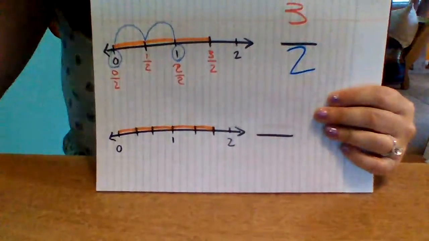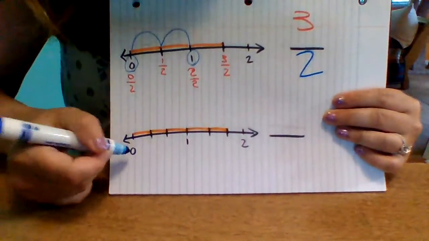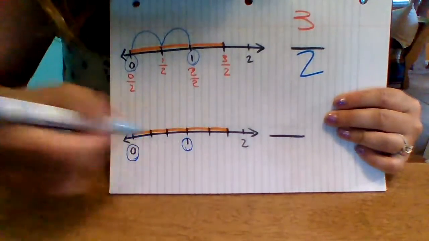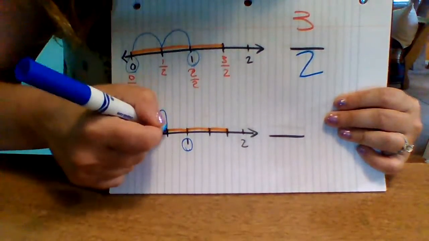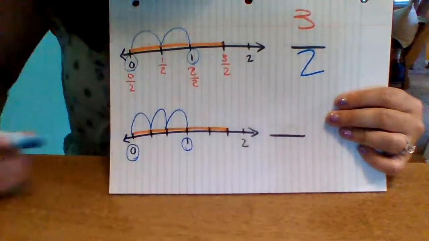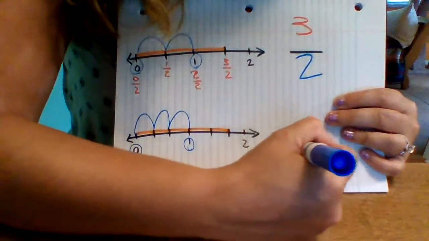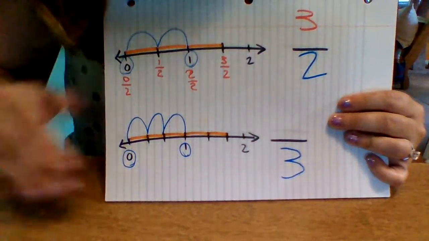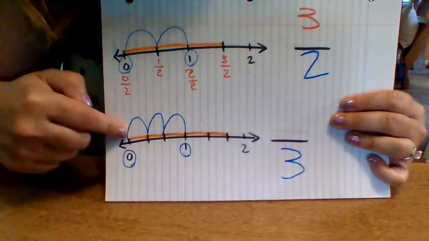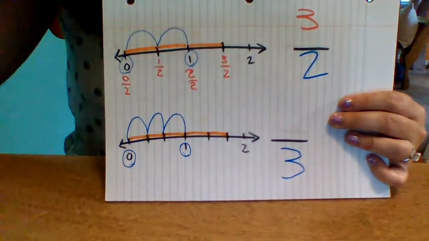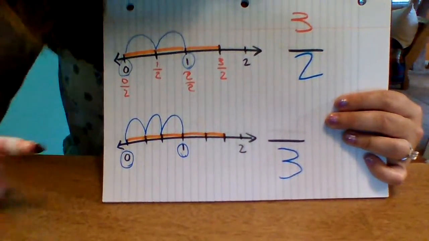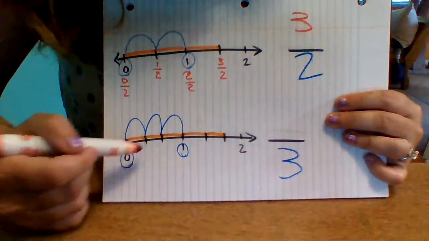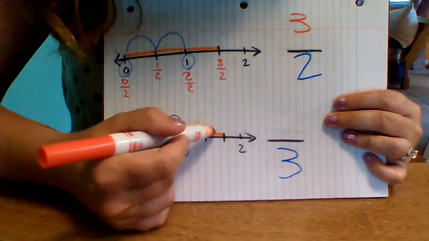So we're going to go ahead, we're going to write our denominator. To do that, we need to circle 0, circle 1, and hop. 1, 2, 3. Don't hop all the way down there because you're going to mess up your denominator doing that. Okay, we have 3 parts in one whole. We stopped at the 1. Okay, so we know our denominator. Now we want to write our numerator. Now our numerator, we can count the shaded parts. 1, 2, 3, 4, 5.